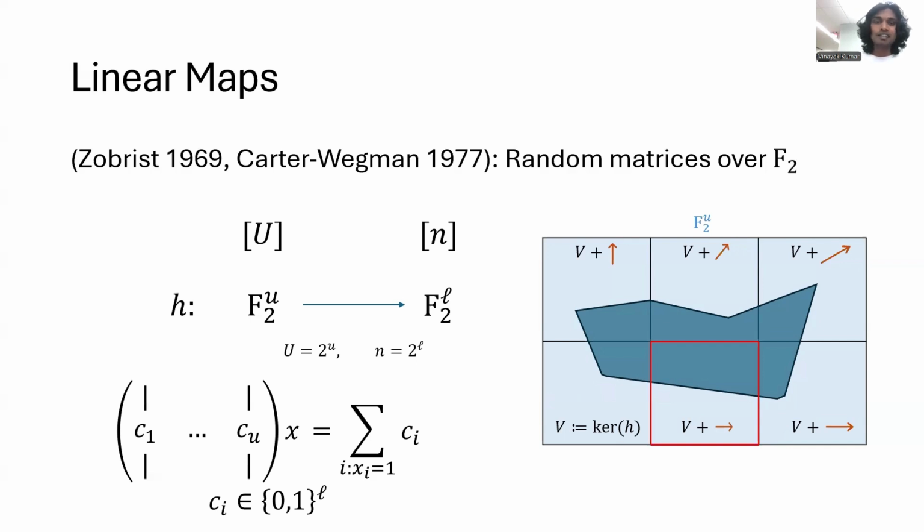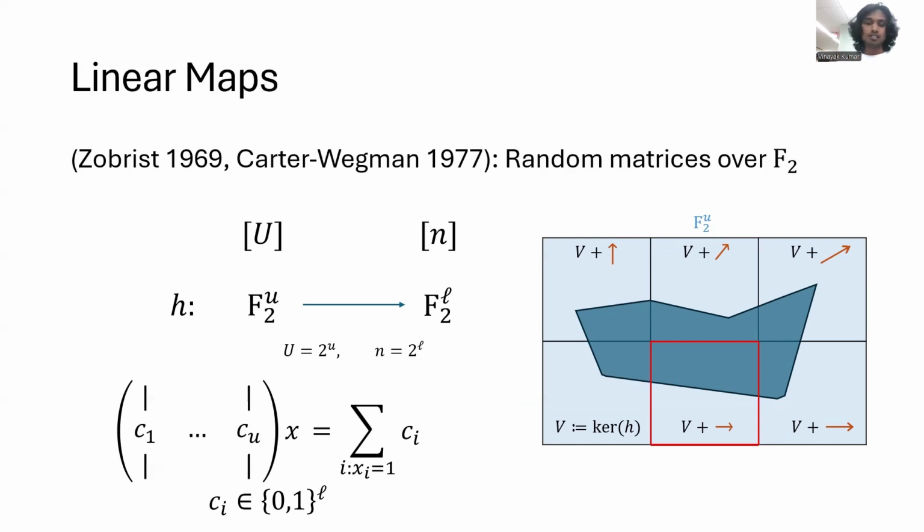So you can think about hashing using linear maps as the following: I pick a random subspace, and then I tessellate the universe with shifts of this subspace, and that's my hash. And then I can now ask, if I pick a random subspace and tile the universe with this subspace, will any S be spread among such a partition? Is such a subspace partition pseudo-random?